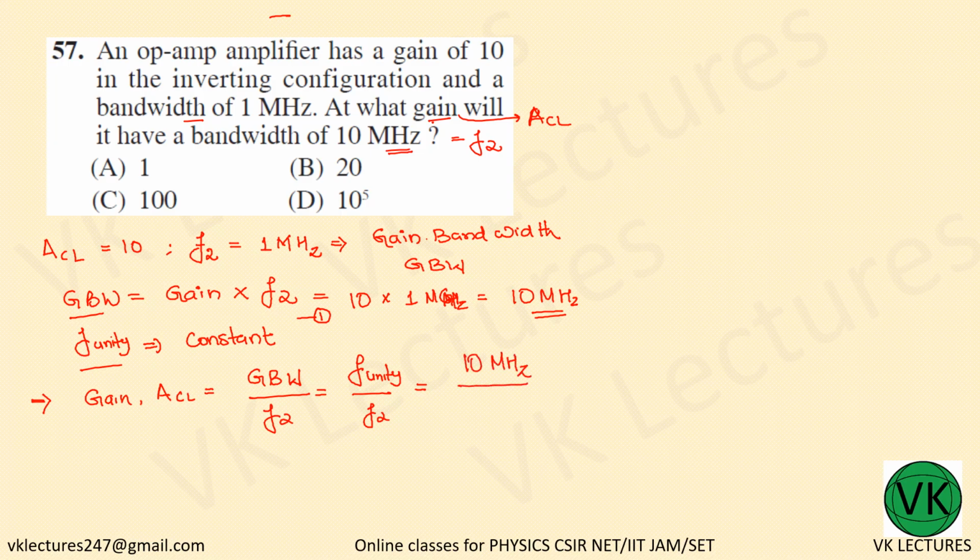And what is the frequency? The new frequency is 10 megahertz. Now what is the answer? 1. So at 10 megahertz your gain will be equal to 1. So ACL equal to 1. So your option A is 1.